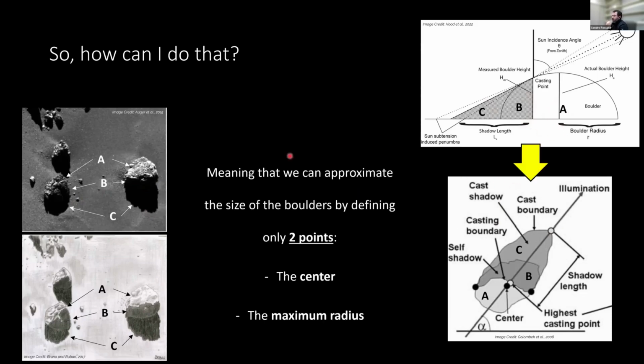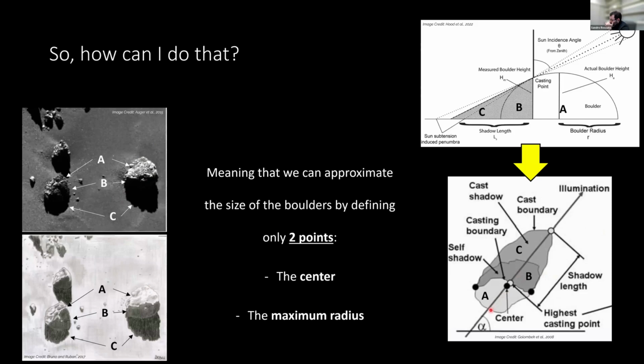This means that we can approximate these shapes only by defining 2 points, the center of the boulder and the maximum radius. Or, since we will use the OpenCrater tool, we will decide the diameter, but still you need to define the center and the maximum radius because there can be different diameters according to the shape of the boulder.